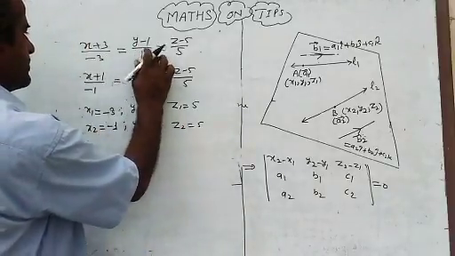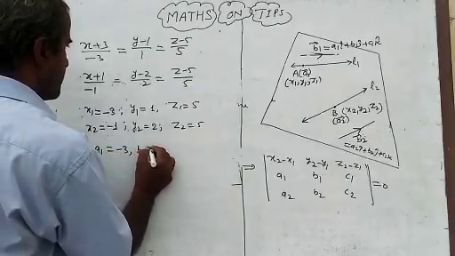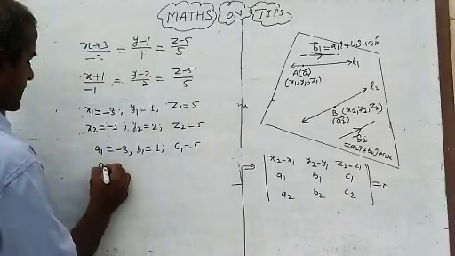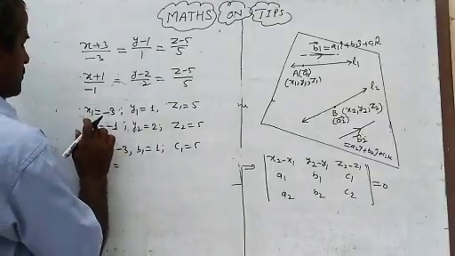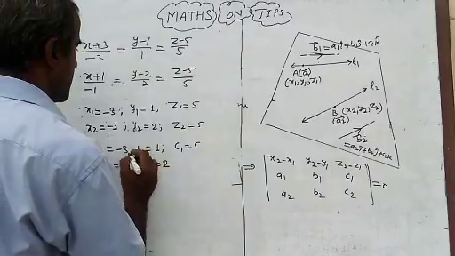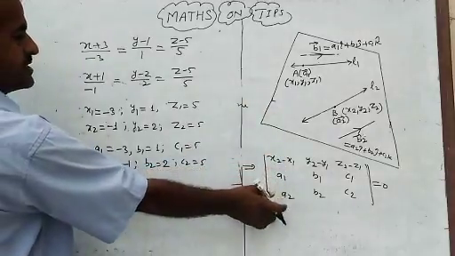Then a1 b1 c1, a1 is equal to -3, b1 is equal to 1 and c1 is equal to 5. Next a2 is equal to -1, b2 is equal to 2 and c2 is equal to 5. Put this value in here.